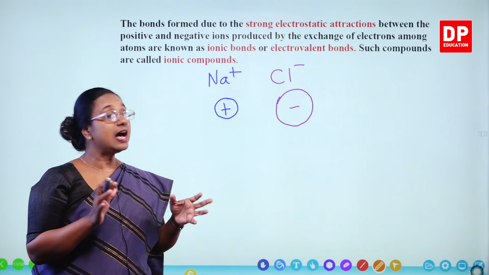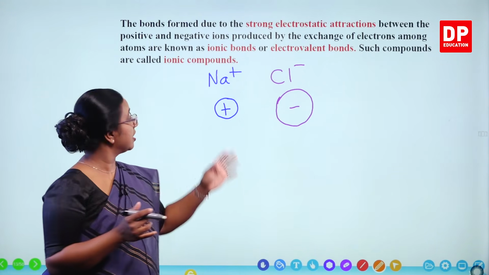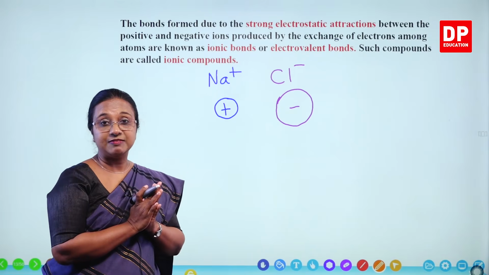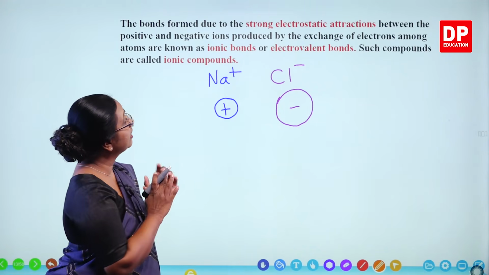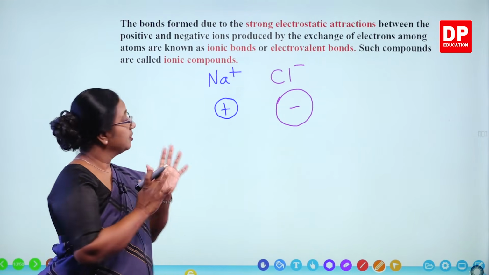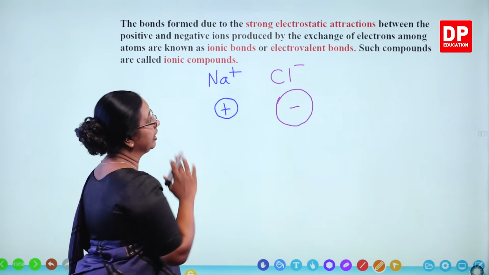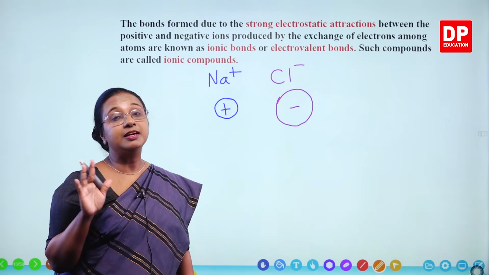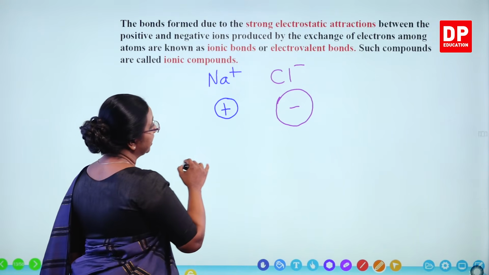Now, since these are electrostatic charges or electric charges, positive and negative, and they don't move around, so they are stable, that's why we say electrostatic attraction. So between the cation and the anion, there's going to be electrostatic attraction. And that attraction is known as ionic bond.